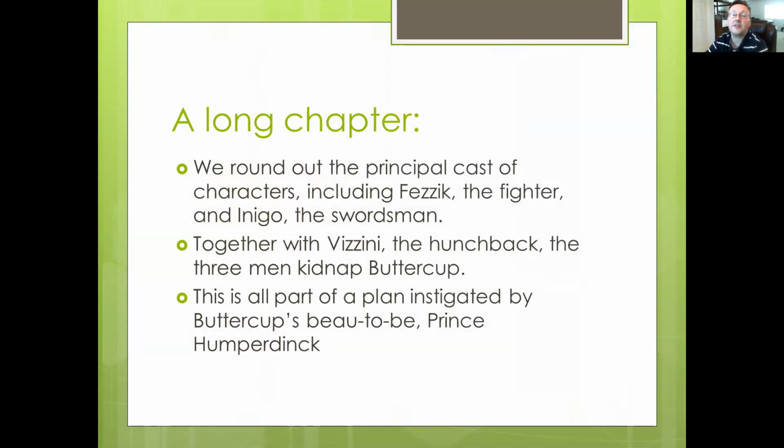Okay, again, this was a long chapter. So in this chapter, we round out the principal cast of characters, including our introductions to Fezzik the fighter, or Fezzik the giant, and Inigo Montoya the swordsman. Now, together with Vizzini, the hunchback, the three men kidnap Buttercup. And we learn that this is all part of a plan staged by Buttercup's beau-to-be, Prince Humperdinck.